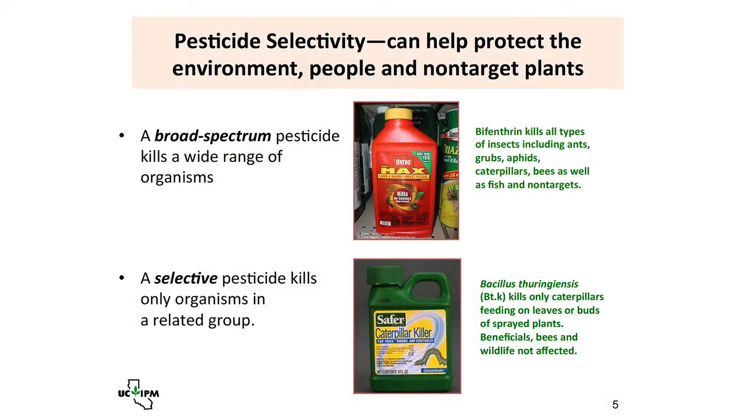But a selective pesticide kills only organisms in a related group. A good example of that is Bacillus thuringiensis, which is a disease of caterpillars formulated as a pesticide. So it only kills caterpillars. It won't kill honeybees, fish, lady beetles, or aphids. It selects only for caterpillars.